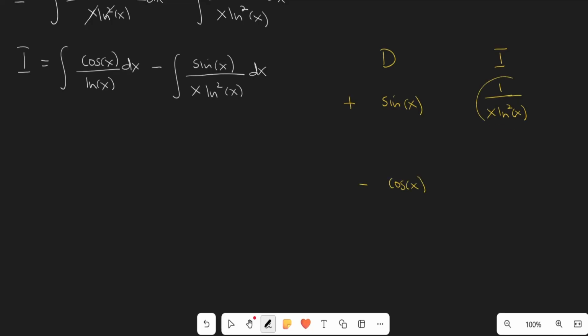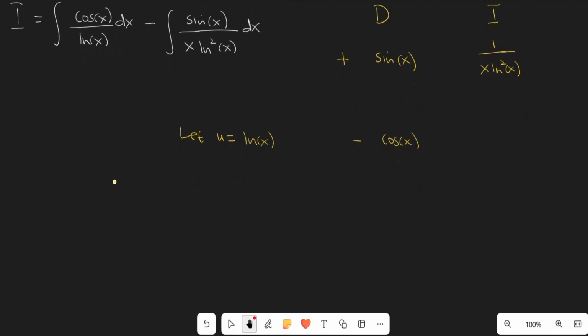And if we are integrating this guy, we can do a u substitution here real quick. We can let u be equal to the ln of x. If we differentiate this, du is going to be 1 over x dx.